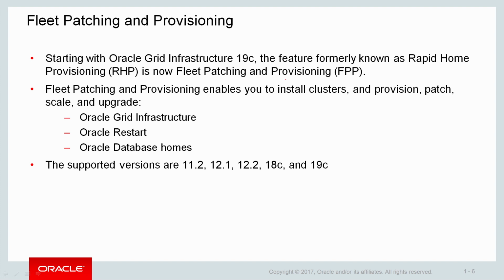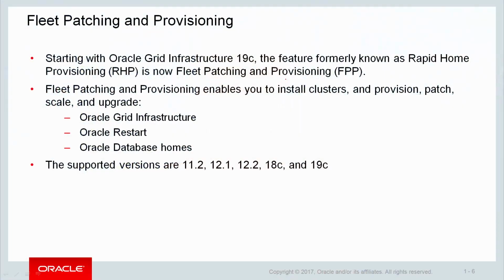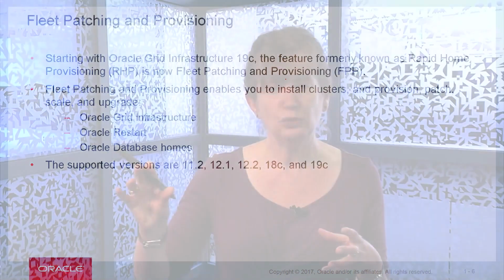How it works is that the original functionality of it is part of grid infrastructure, and you can have a rapid home provisioning server which contained many different images of Oracle homes. And using the rapid home provisioning server, you could provision or copy those Oracle homes to where they were needed.